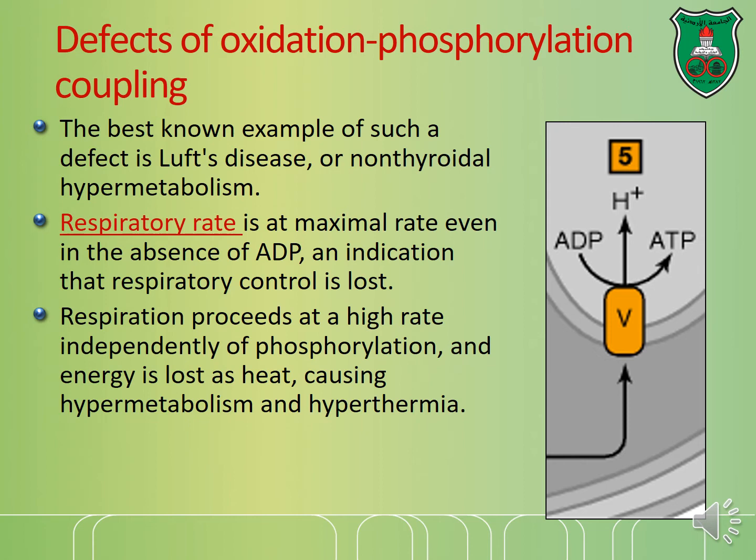An example is Luft's disease or non-thyroidal hypermetabolism. So what would happen is that if there is a disconnection between the respiratory chain reaction and oxidative phosphorylation, there would be increased respiration, except that energy is exerted as heat rather than ATP.